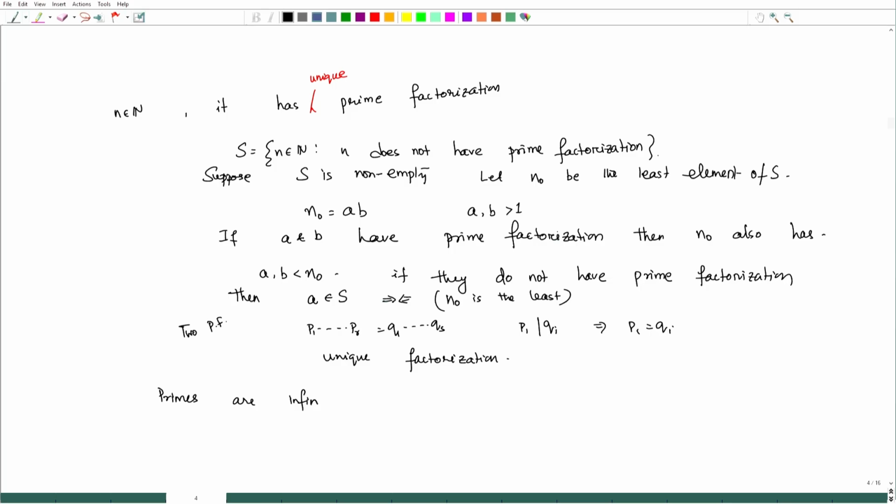That is simple. If not, let p1 to pn be the only primes, and pn is the largest.